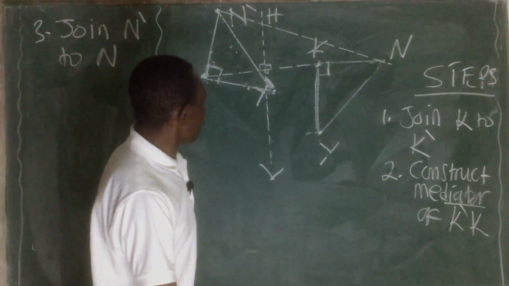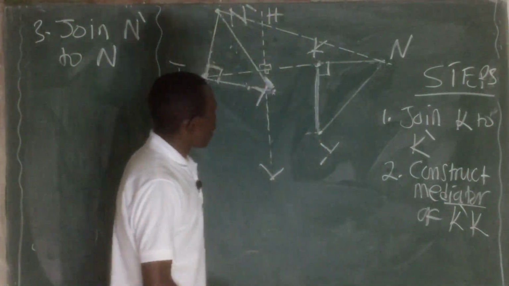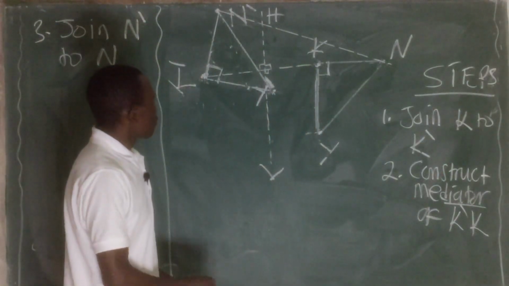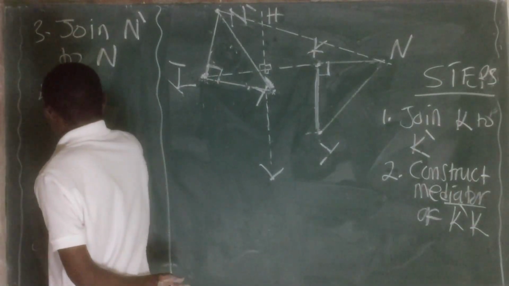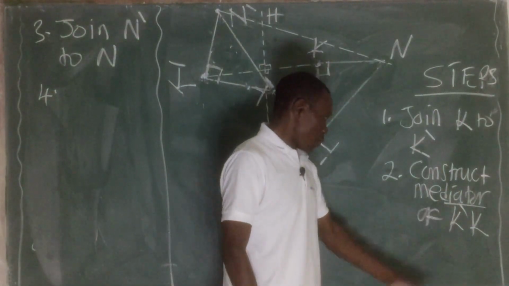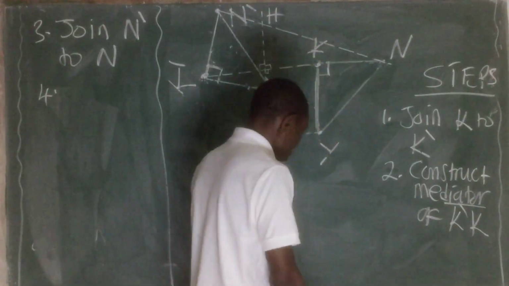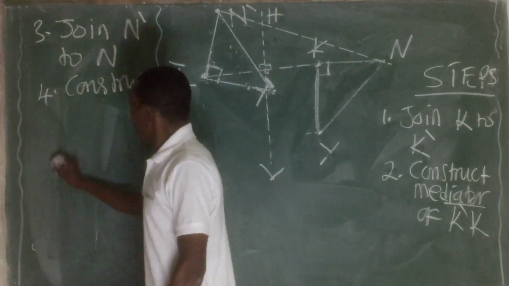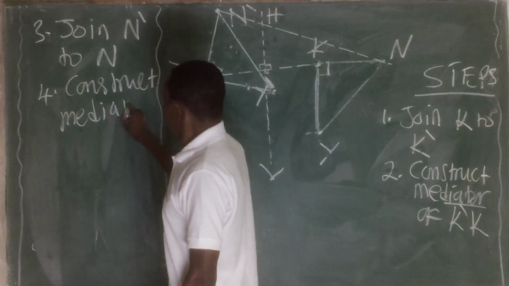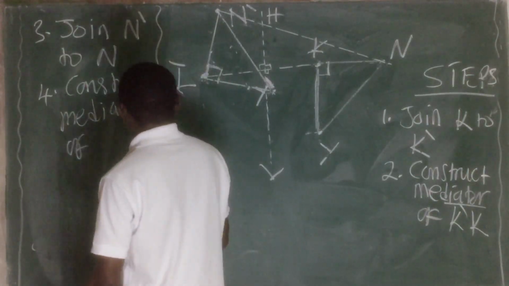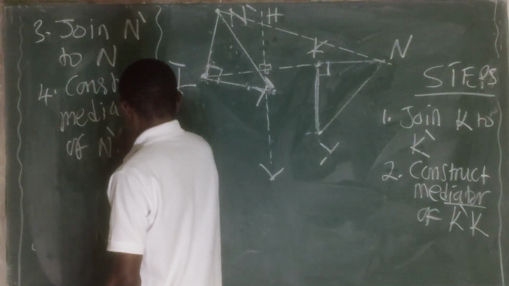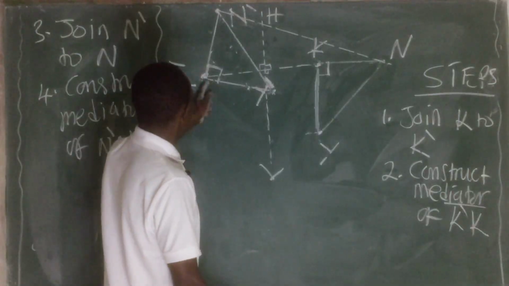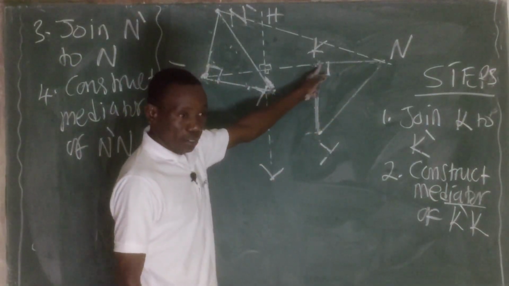So after I have joined N prime and N, as I did joining K and K prime, what I'll do next is similar to what I did for K prime K. So here I need also to construct the mediator of N prime N. It's a line, as we did earlier for K prime K. Right.